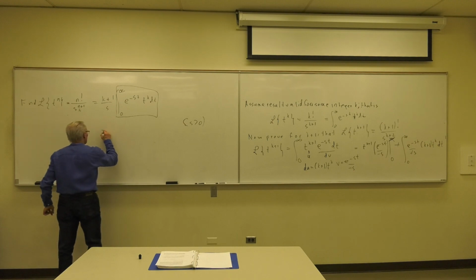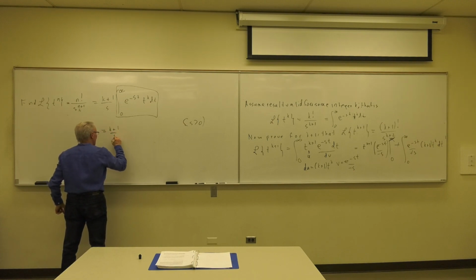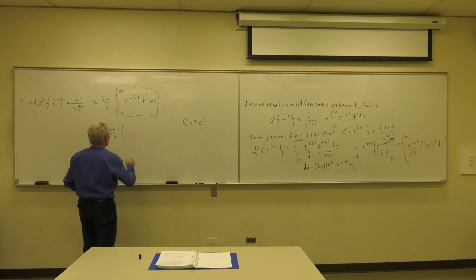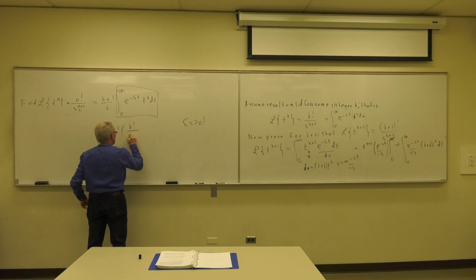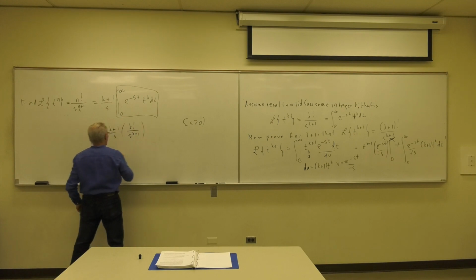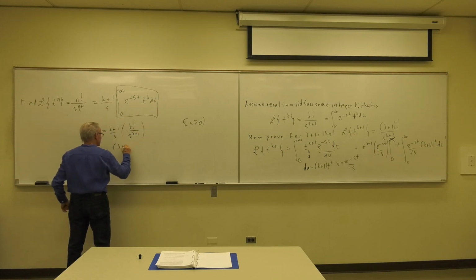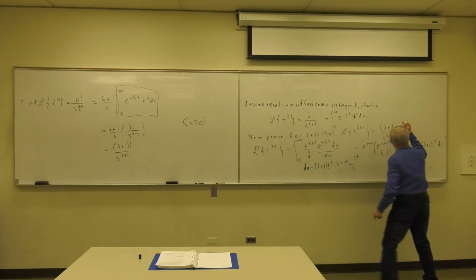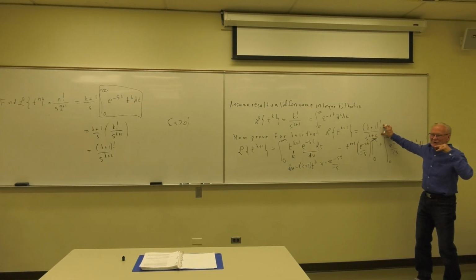So I'm going to have k plus 1 over s, and then for the box, I'm putting k factorial over s to the k plus 1. What have I got? k plus 1 factorial over s to the k plus 2. And that's exactly what I wanted to prove. That is what I wanted to prove, and we did it.